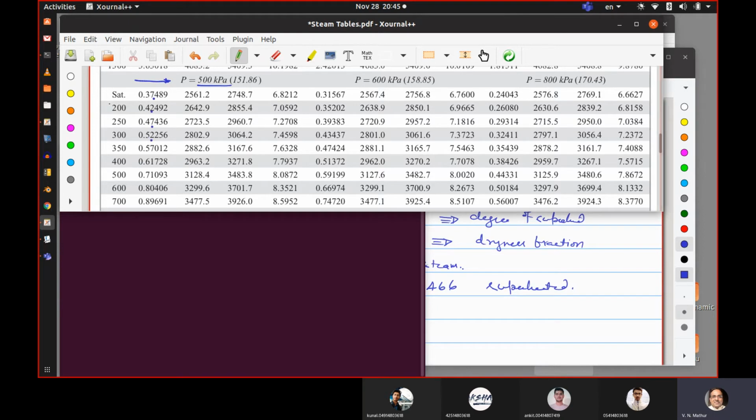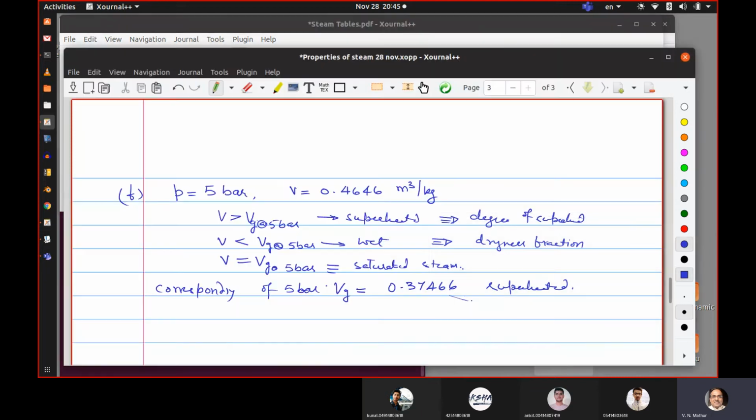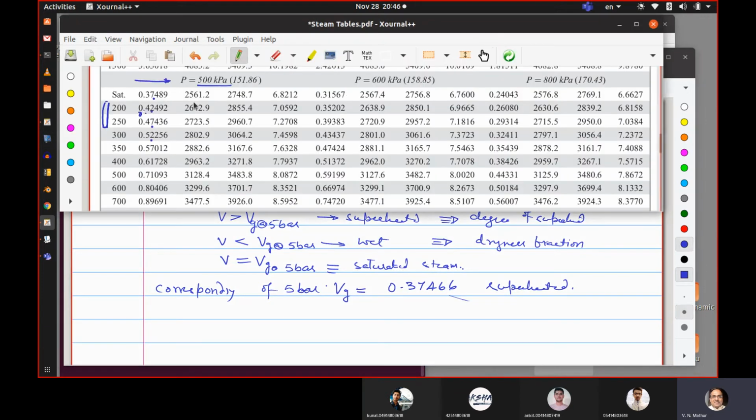That means this steam has a temperature which is in between these two values, because our volume is 0.4646. So 0.4646 lies somewhere here in between these two temperatures. So the temperature is more than 200, but it's less than 250.